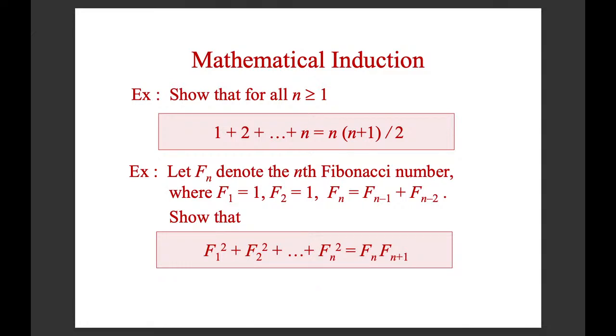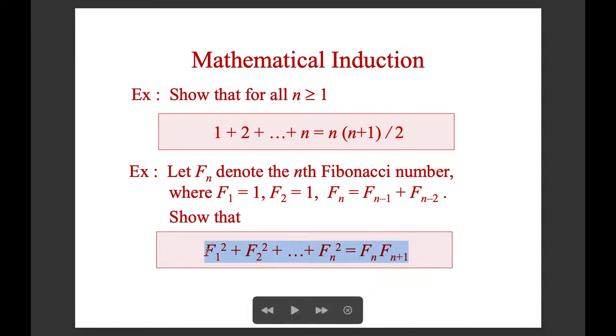Now notice that this is a very powerful technique in the sense that once we understand mathematical induction, showing this to be true is really a piece of cake, very easy. But mathematical induction doesn't give us any extra knowledge. We have to know that this is already true in order to apply mathematical induction.